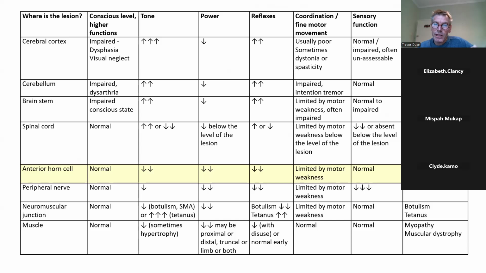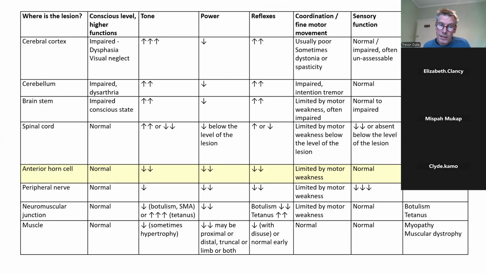Again, I won't go through it in too much detail today, except to say that anything that's flaccid is likely to be at the spinal cord or lower. The spinal cord or anterior horn cells or peripheral nerves or the neuromuscular junction or the muscle. Anything above that, above the spinal cord, and even lesions involving the spinal cord are often hypertonic and there's hyperreflexia.